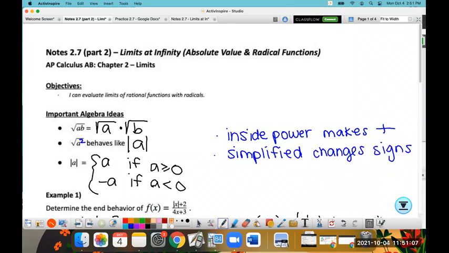See if it approaches the value that you think. I think there's one function on there that I can't remember which one, that it's not 100% convincing. So if you're unsure, if your answer doesn't match what you have on the graphing calculator, just have me take another look at it. And that is it. You guys can use the last few minutes to continue working on either practice 2.7 or 2.7 part 2.